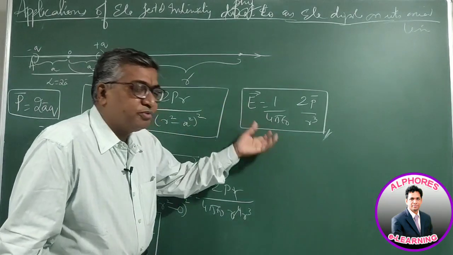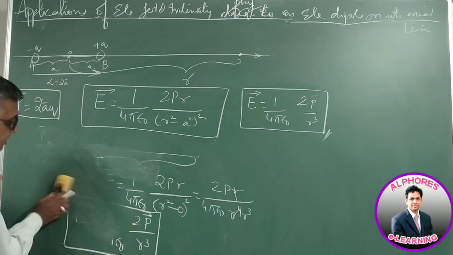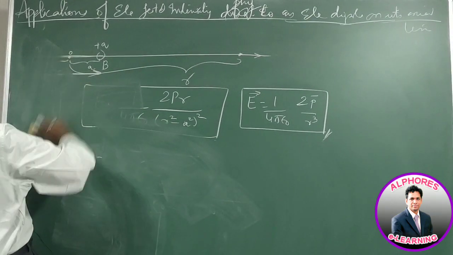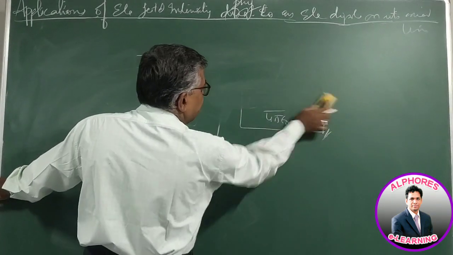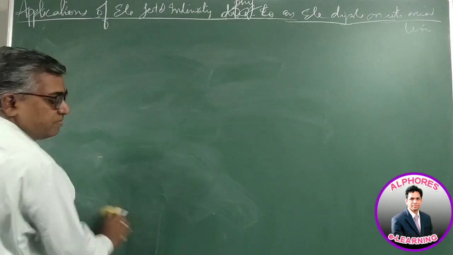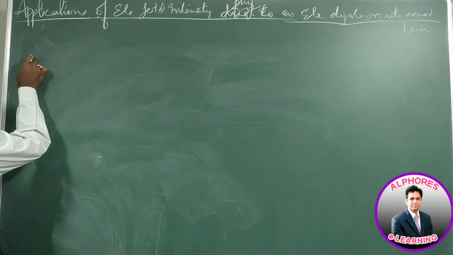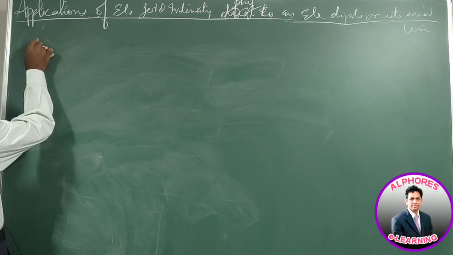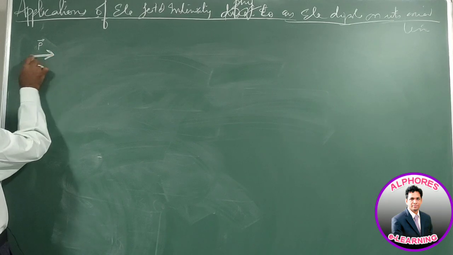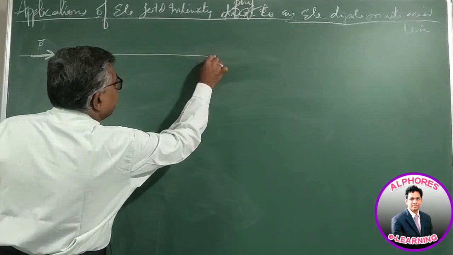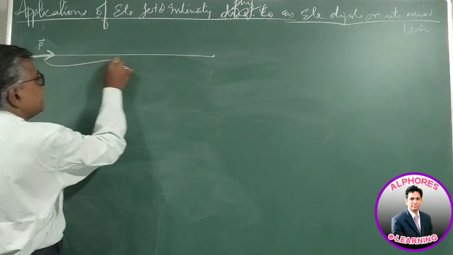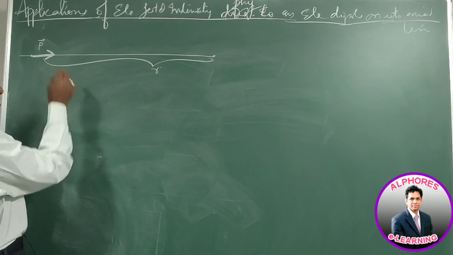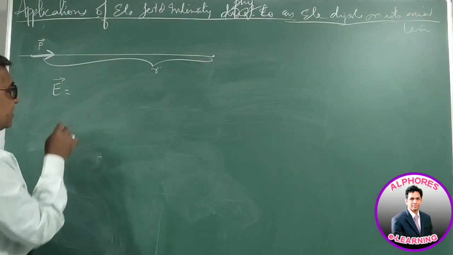Now if I go deep into the mathematical analysis of this formula, this will help evaluate how questions are asked based on this in various entrance examinations. Now considering a dipole like this, a short dipole, remember a short dipole is represented by a bold arrow, on the axial line of the dipole at a distance r, I have derived the formula for the electric field intensity.